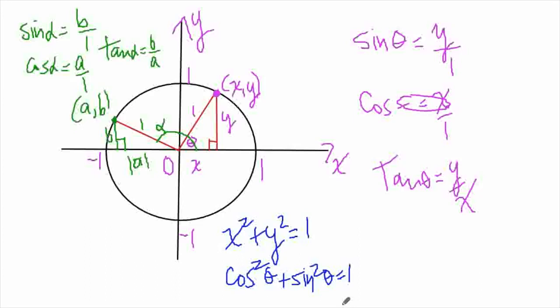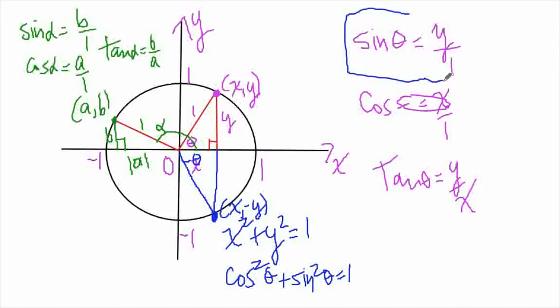What if instead of the angle, I had a negative angle? So I was down here, minus theta. The x coordinate would still be the same, but the y coordinate would change sign. If I did the same ratios, the sine would change because the y value changed.